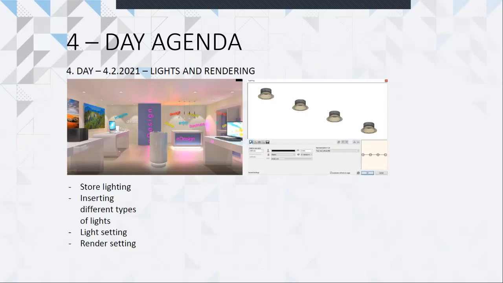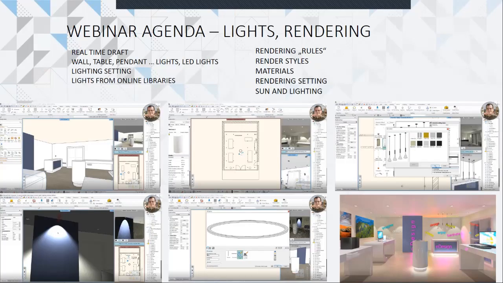In the next part of the webinar, we will listen to the rules of rendering. So what do you need to know to create a good render? So first we will hear about real-time draft. This is a rendering which you can use during planning the project.